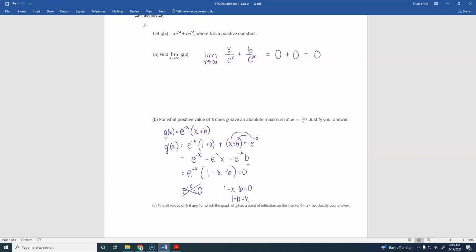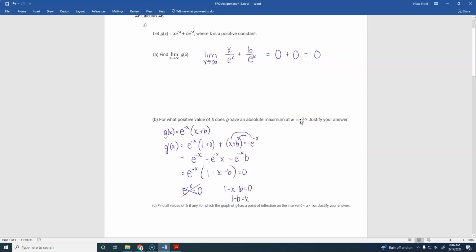And let's see. We want the maximum to be at 2/3. So we want this 1 minus b to give us 2/3. We want that maximum to be there at 2/3.